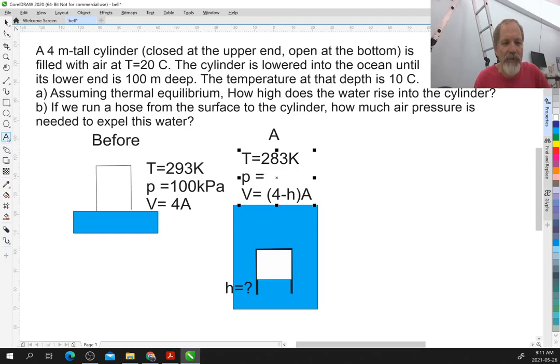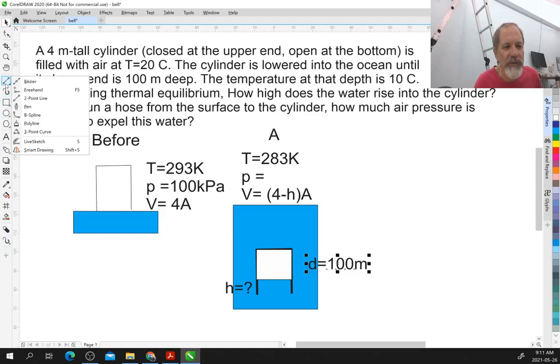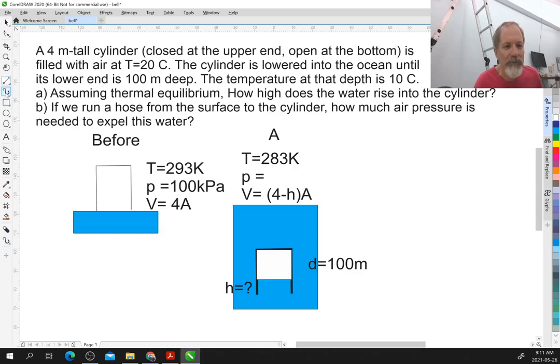So we've got one more piece of information. D equals 100 meters. Okay, so that's another important piece of information. I'm trying to get all the information on here that I need. Okay, so I've got D equals 100 meters.